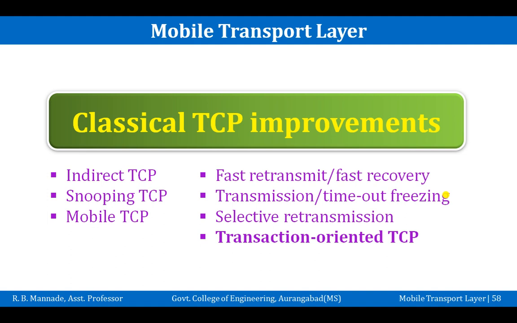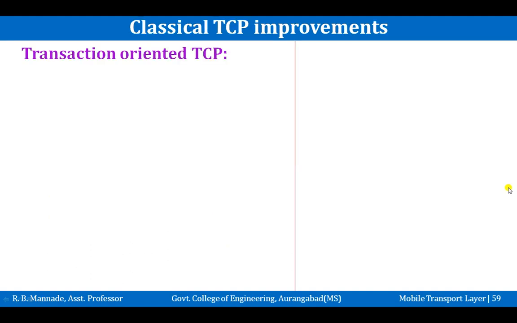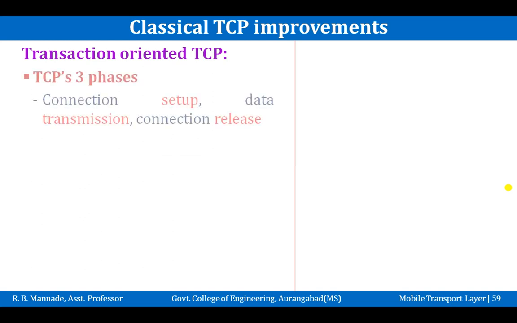Next improvement is the transaction oriented TCP. Till now we have seen the other enhancements, and this is the last one. TCP has three phases: first connection setup, then data transmission, and connection release.